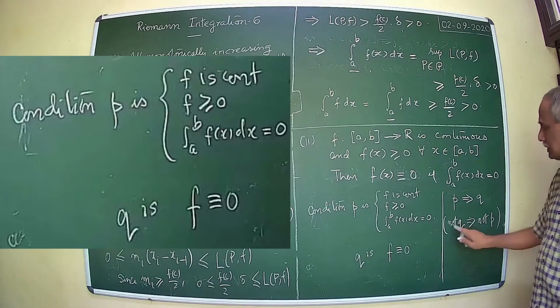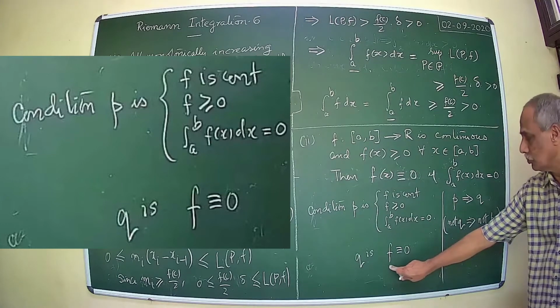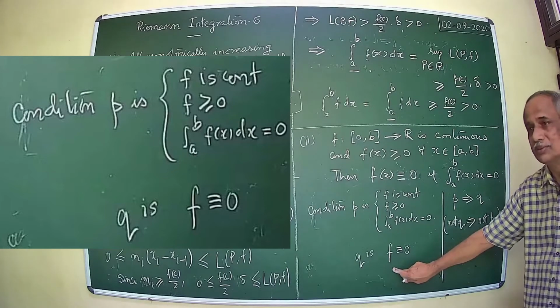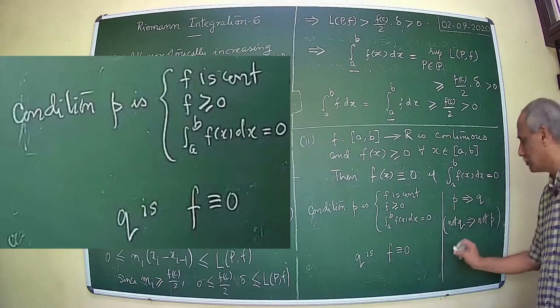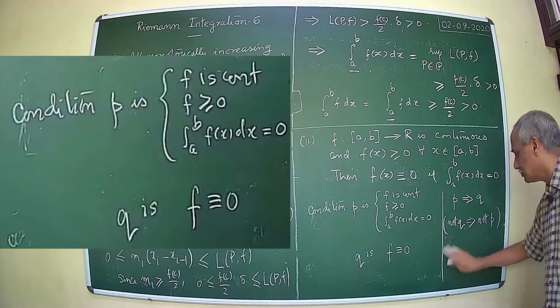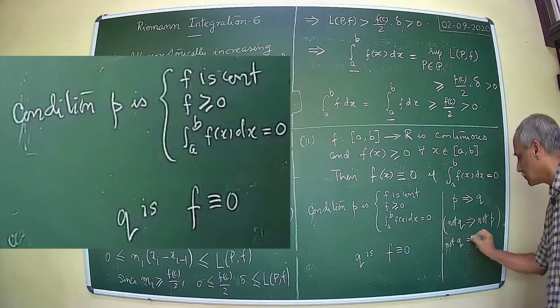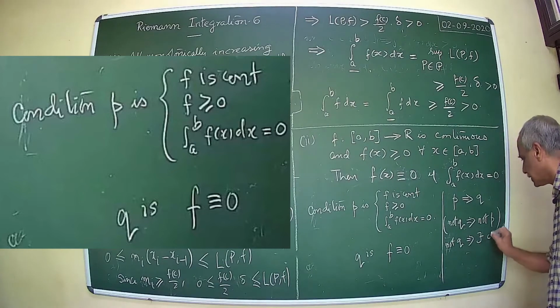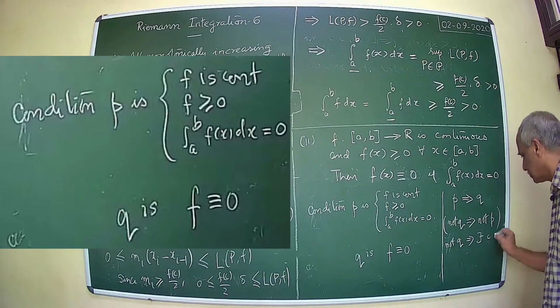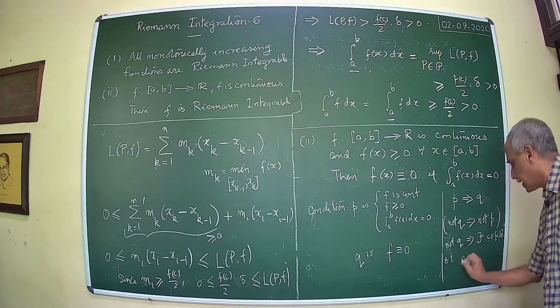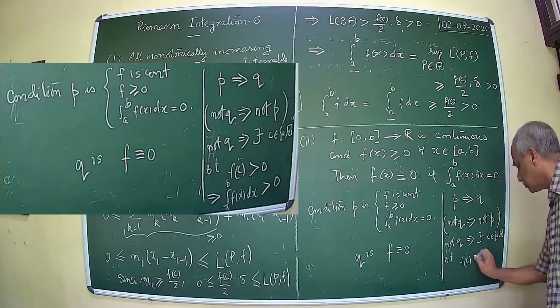Q is f identically equal to 0, so not Q is f not identically 0. That means there exists a c belonging to [a,b] such that f(c) is positive.